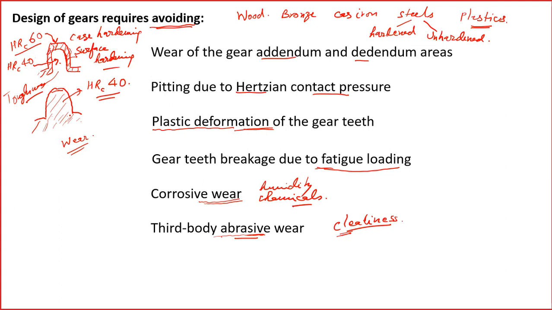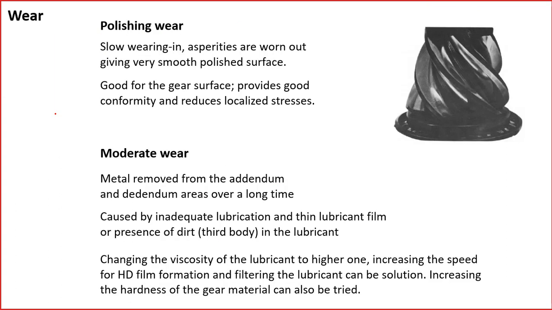Whereas through hardened gears are more tolerant of even some misalignment, because there will be no problem of the case material coming out, and even though it may wear out, it will still work. Now we will go through some of the wear mechanisms that happen in the case of gears.